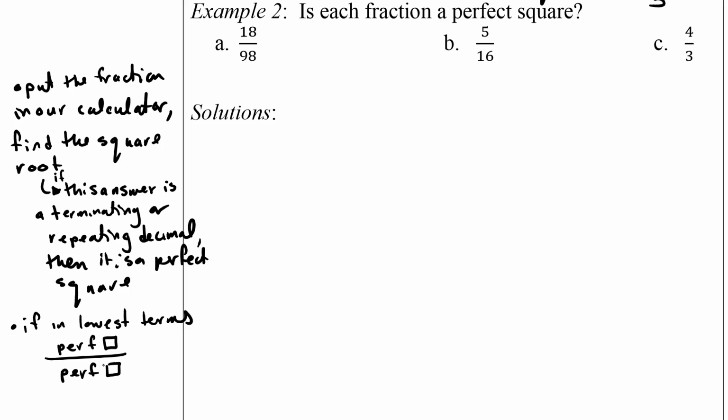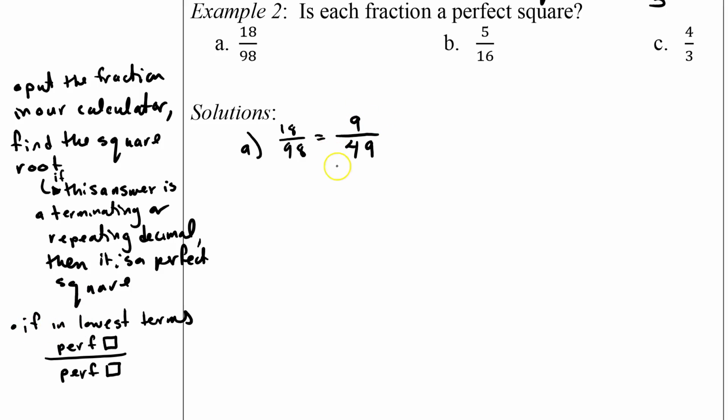Alright, so let's launch into these fractions here. So A, 18 over 98. Now I notice that they're both ending in 8. That means they're both even, so at the very least 2 goes into both of them. I want to get this into lowest terms because it is not. So this becomes 9 over 49. Here's the thing, it's very easy to see.